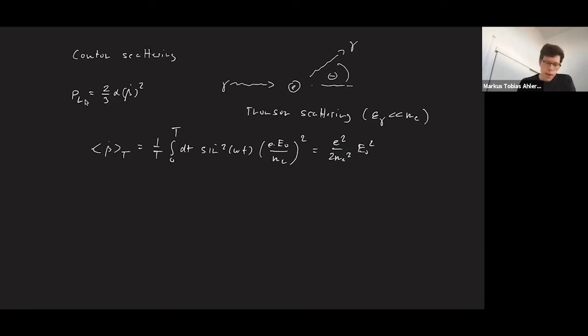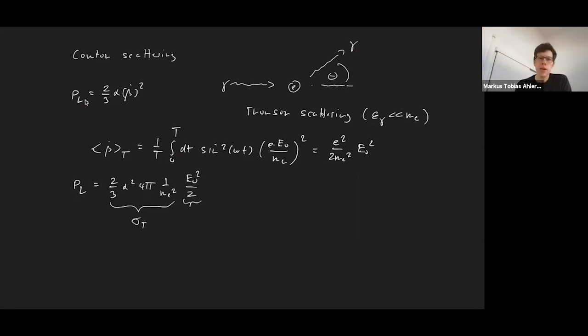Now I can again reorganize this Larmor power in the following way. I can write this as 2/3 alpha squared 4 pi 1 over me squared, and now I have E0 squared over 2. You can recognize that this prefactor is identical to the Thomson cross-section that I introduced earlier.